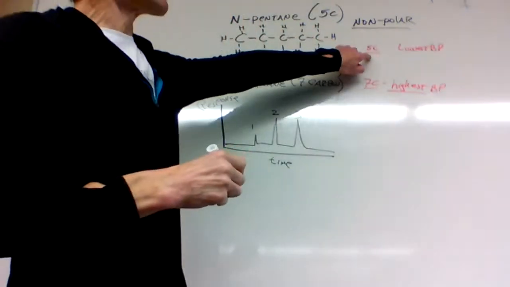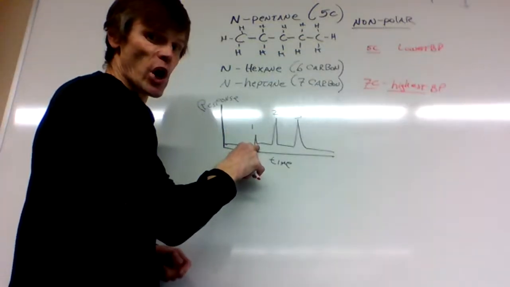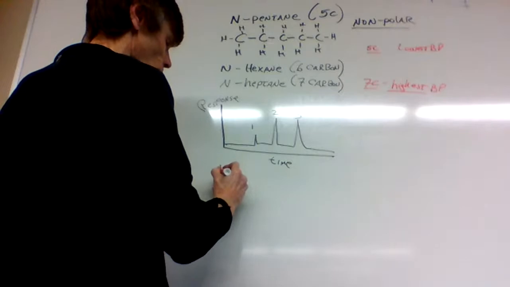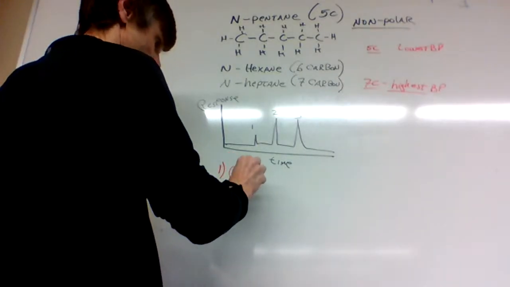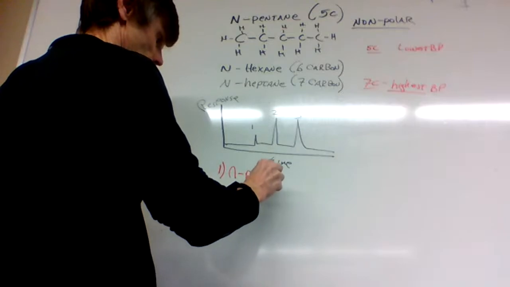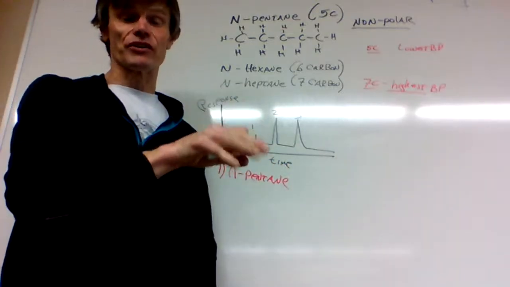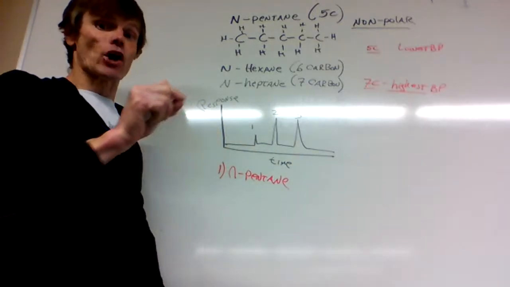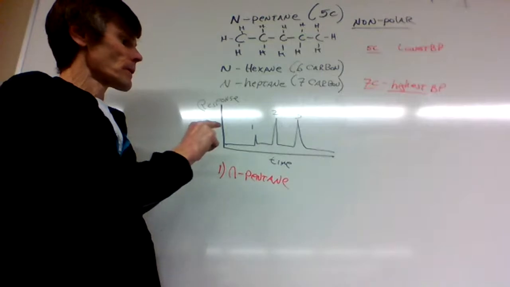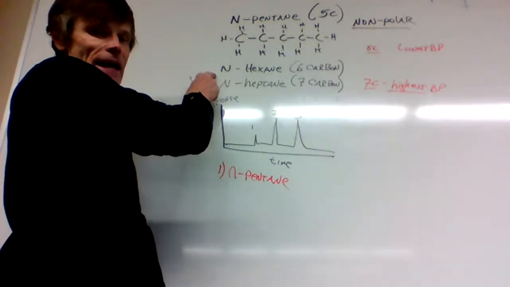The 5-carbon having the lowest boiling point is going to come off the column first. So number 1 is going to be N-pentane. It goes into the gas phase first. Since it goes into the gas phase first, it comes off our column first. Which one do you think is going to come off second? It's going to be the N-hexane.